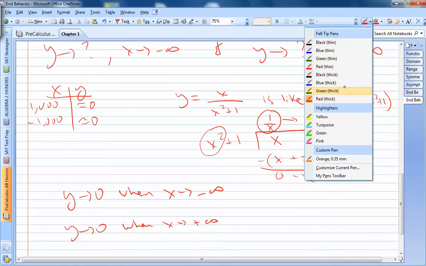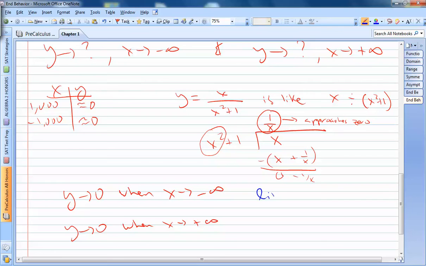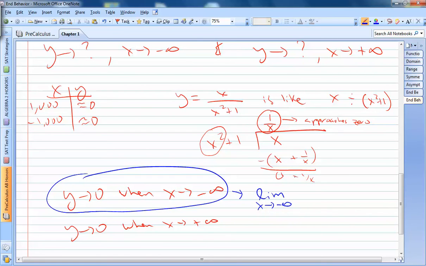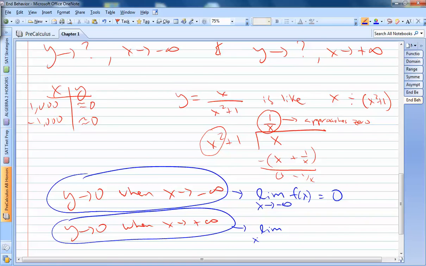Other ways we could write this: you could write the limit as x approaches negative infinity of f of x will equal 0. Remember, f of x is the same thing as y. Over here, the limit as x approaches positive infinity of f of x will also equal 0.